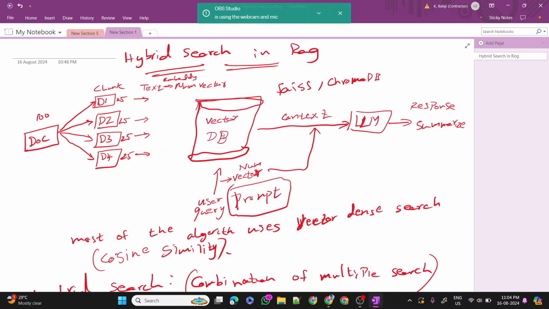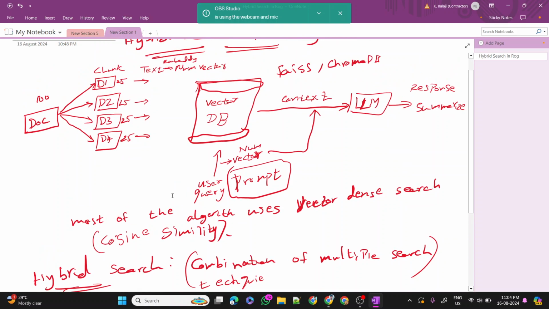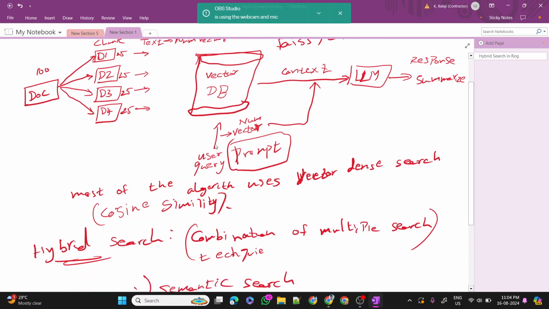Instead of using this vector dense search, the hybrid search is more efficient and it will retrieve more accurate and more relevant context from the vector DB.